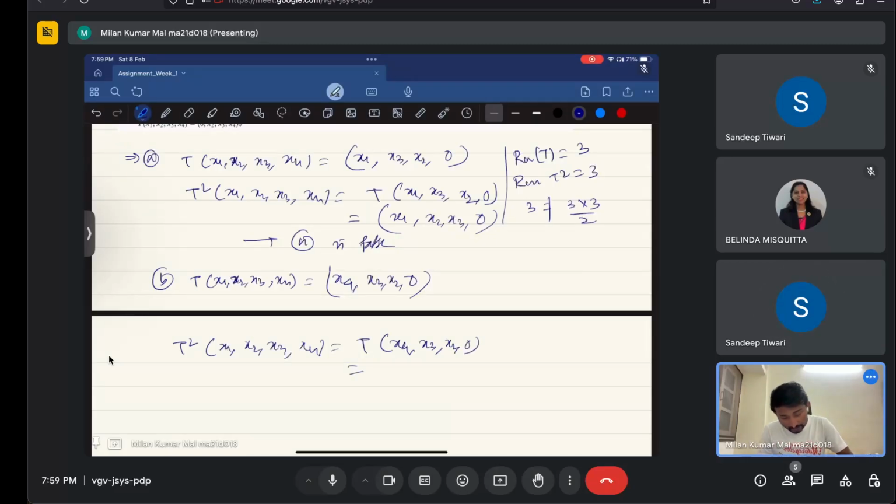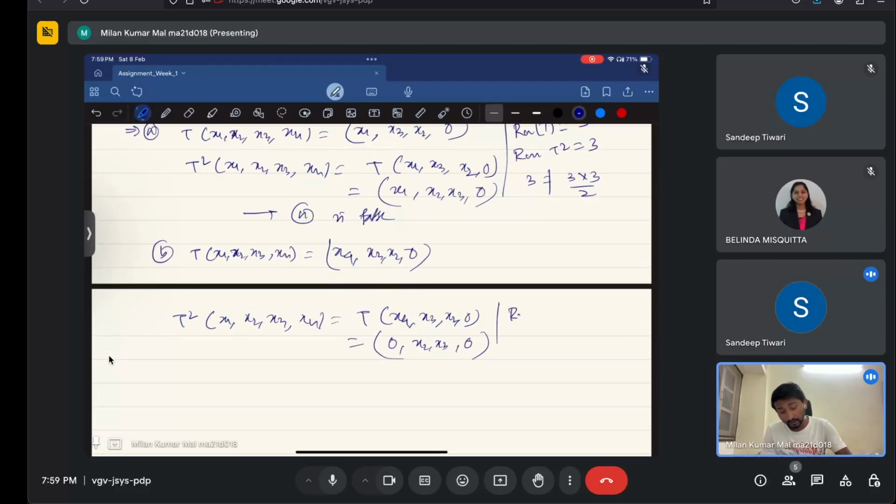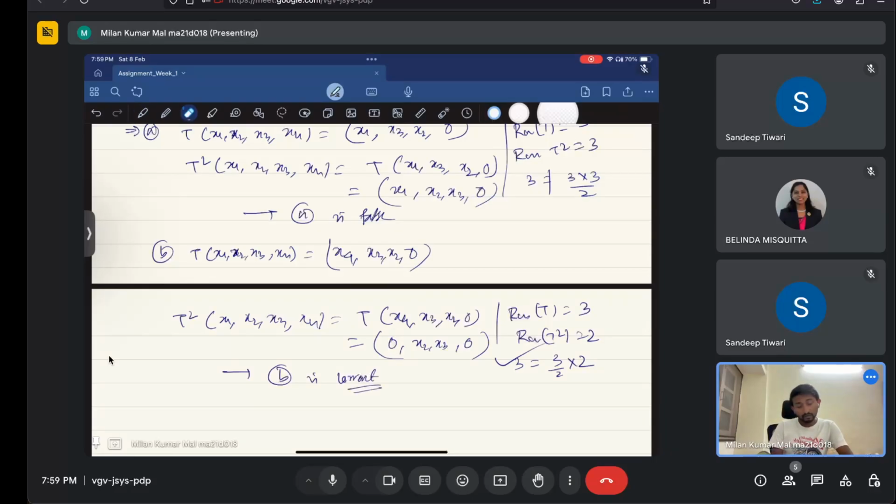Switching in between gives x2, x3, taking the right-hand term here, and x4 vanishes. So in that case, rank of T is equal to 3 and rank of T square is equal to 2. So is 3 equal to 3 by 2 times 2? Yeah, that's true. So that's why B is correct.